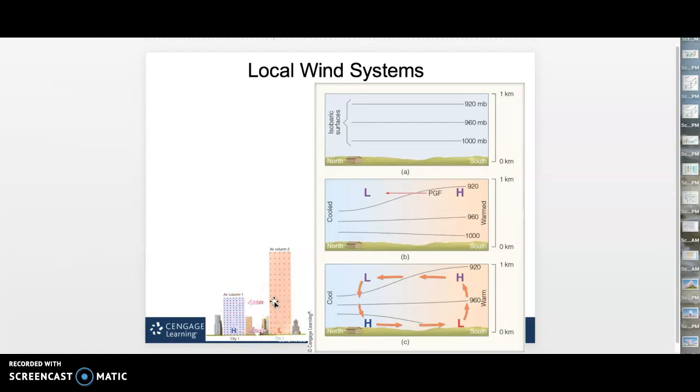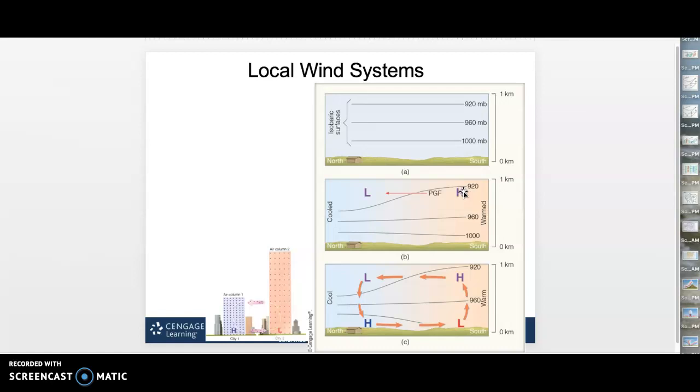Most of our local wind systems follow this same trajectory. That's why we studied it. And in fact, you can look at isobaric surfaces up to 1 kilometer high, pretty near the surface of the Earth. And you can note that there are some differences in the atmospheric pressures.